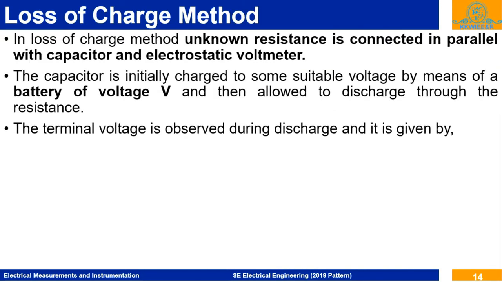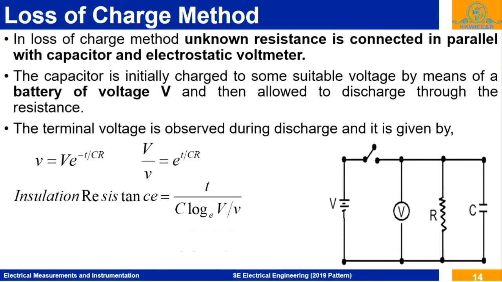Here we have the second method, that is the loss of charge method. You are familiar with this circuit, which is nothing but the charging and discharging circuit of the capacitor. As we can see here, there is a battery, a voltmeter is connected, and a resistance and capacitor are there. The value of current flowing through this capacitor ultimately depends on the resistance value.